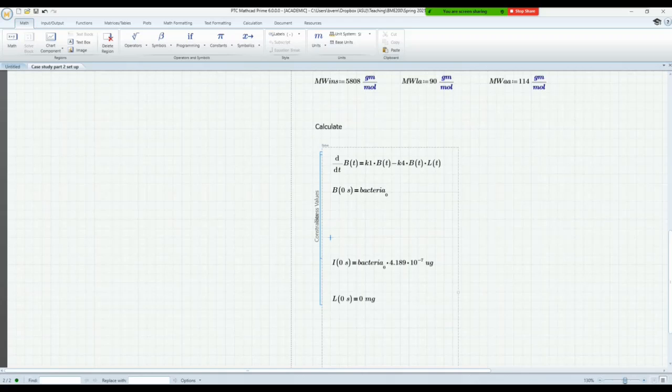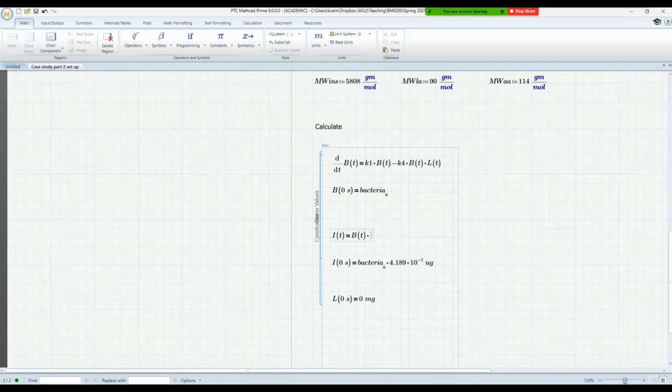So we need the insulin here, but the insulin as a function of time is not a differential. It's basically just equal to the number of bacteria at any given time times this same number.